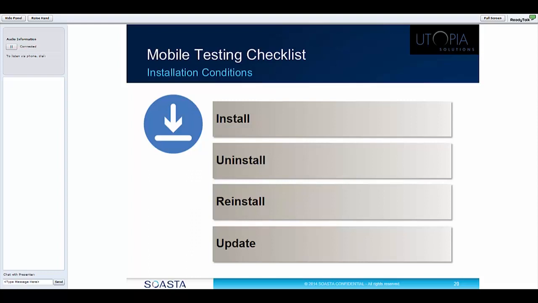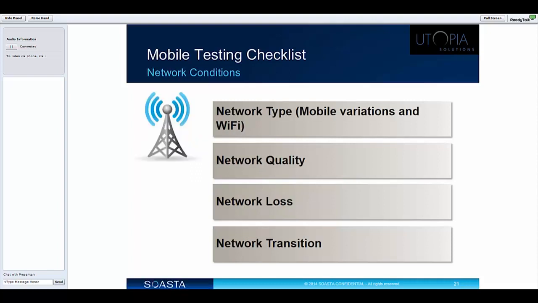There aren't a lot of test cases here, but you really have to think about those various conditions where someone might be putting your application on their device. Install on a clean device, uninstall and reinstall, updating from the N-1 version, or updating from an older version, which can cause some issues as well, depending on what OS and what the application is doing.